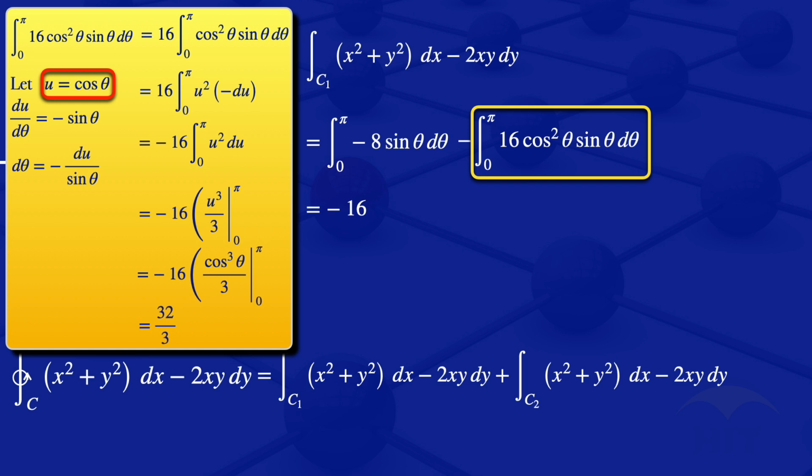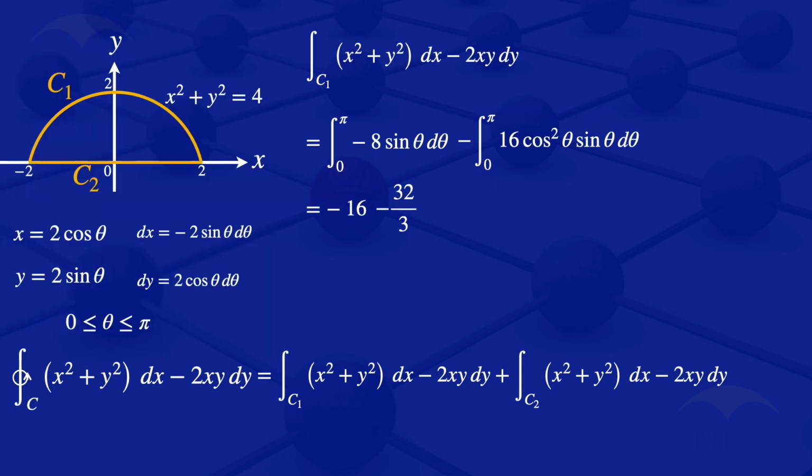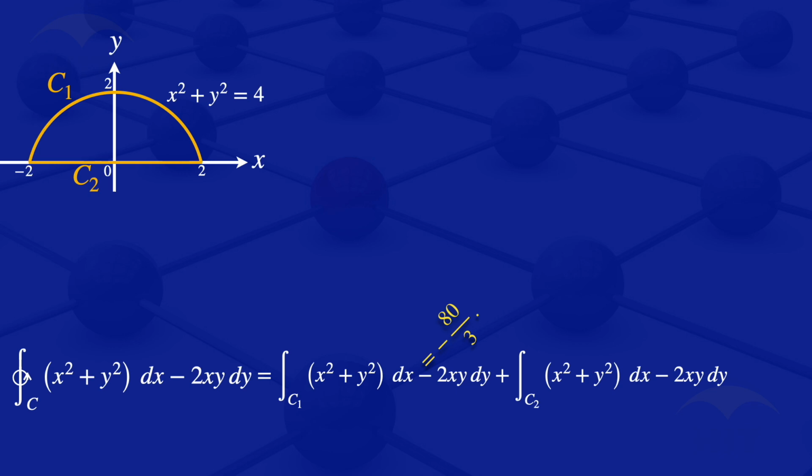So for the integral which is highlighted on the right there, the value is minus 32 divided by 3. And minus 16 minus 32 divided by 3 gives us minus 80 divided by 3. So the integral of x squared plus y squared dx minus 2xy dy along the curve C1 is minus 80 over 3.